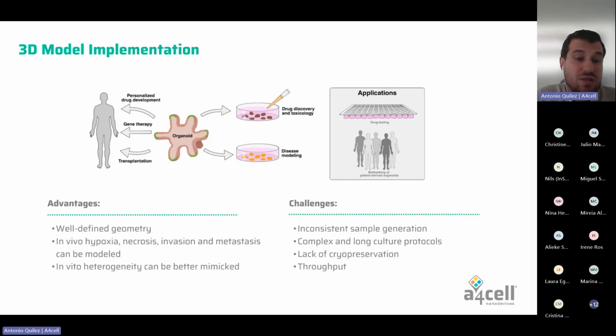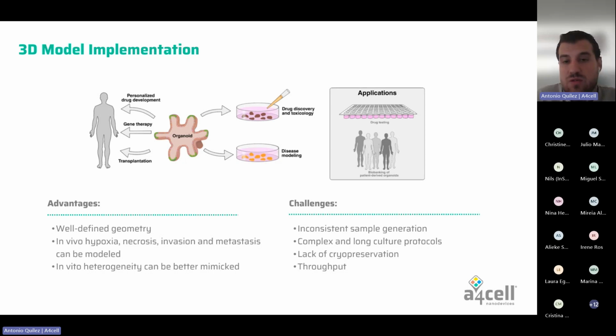So the advantages of these spheroids is that they have a well-defined geometry. They can produce very nice models for hypoxia, necrosis, invasion, and metastasis in cancer. And also the heterogeneity of the complex tissues can be better mimicked. However, sometimes sample generation is inconsistent.